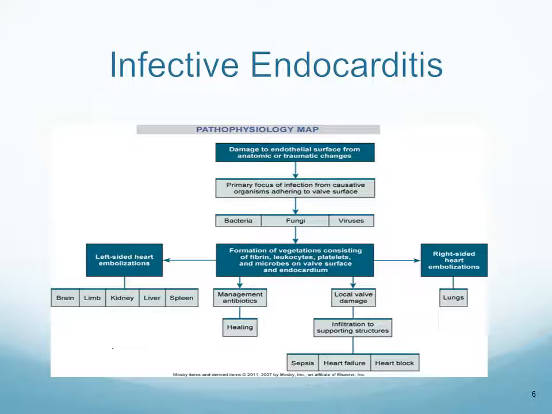In addition, those vegetations are unstable lesions, if you will. So they're hanging on the valve, and little pieces of that vegetation could break off and cause an emboli. So let's think about the emboli.